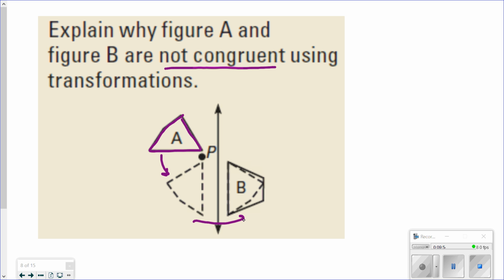And if we line up our figure A, we see that it doesn't necessarily match up with our figure B. Since they do not match up, their sides are not congruent, and our angle measures are not congruent, so these two figures are not congruent.